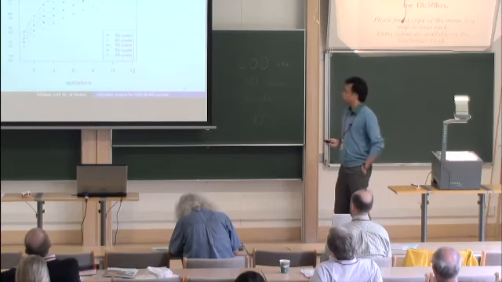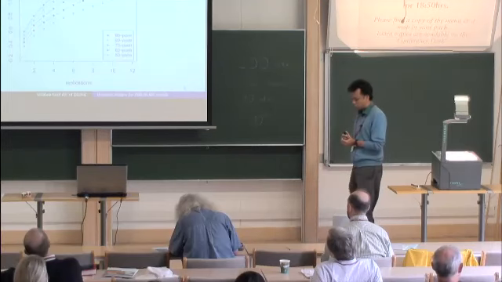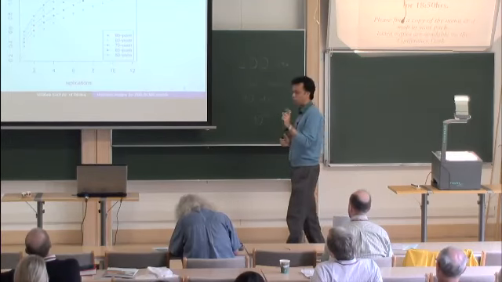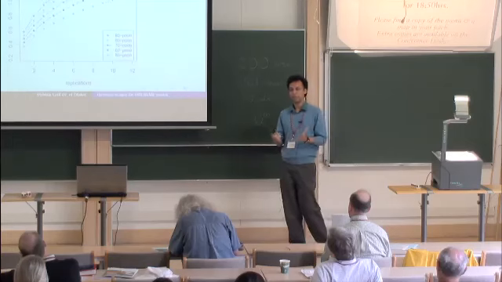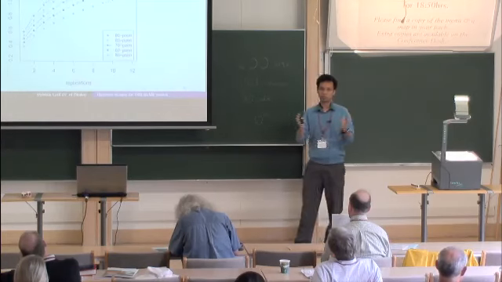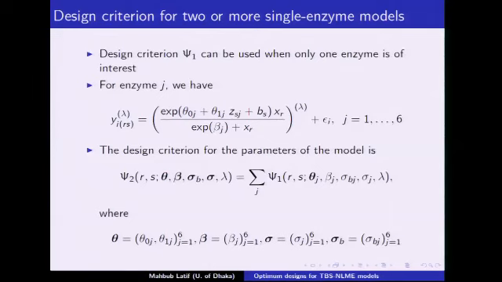Okay. So this is the situation when you know only one enzyme is important, but in the situation where we have 6 enzymes, one of the 6 could be important, not specifically one. Then this design is not very good in that case. So in that case we need to change our design criterion.